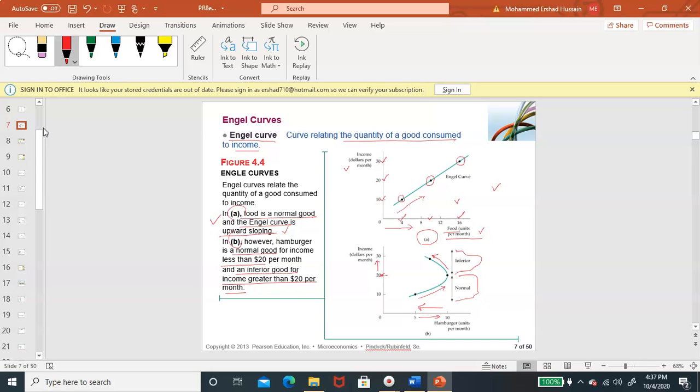For an inferior good, the definition is what? For an inferior good, when his income increases, he will buy less. So inferior goods are like cheaper brand goods like ramen noodles, used cars, used tires, like cabbage in vegetables. Cabbage is an inferior good compared to asparagus. Or a charcoal grill is an inferior good compared to a gas grill.